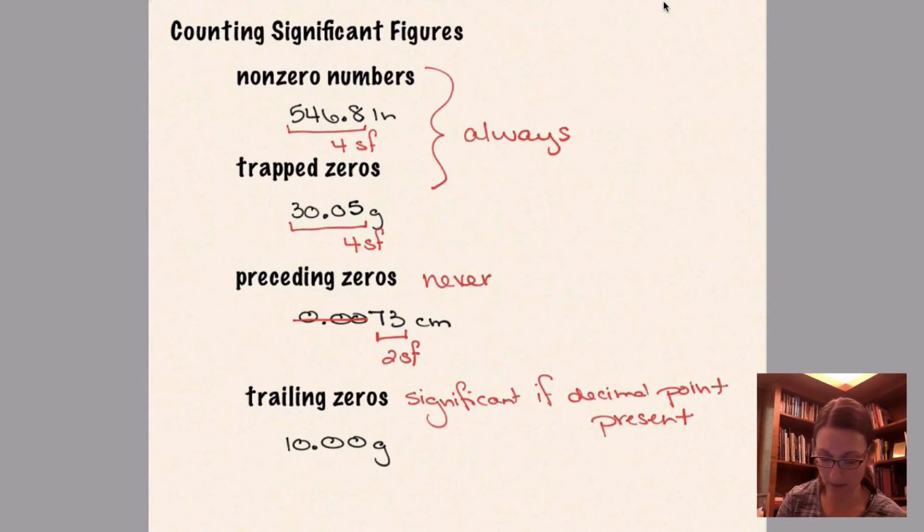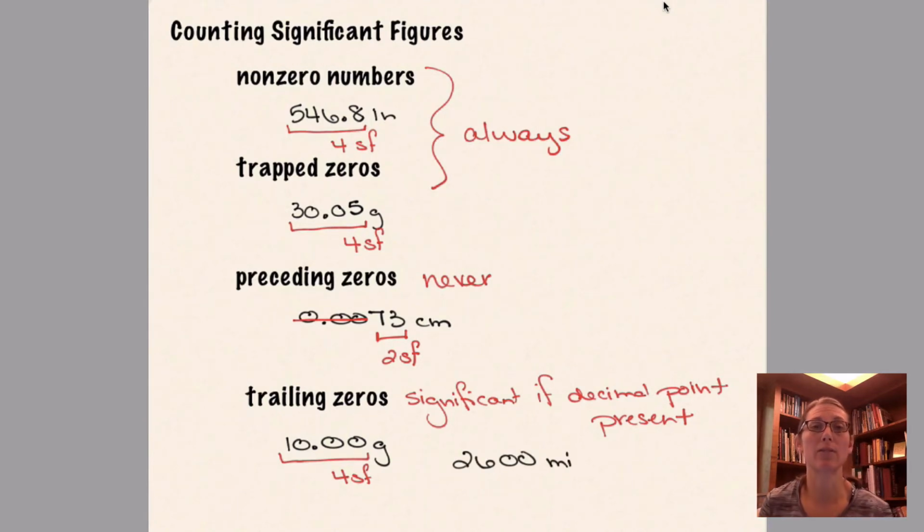They are significant, and this number has 4 sig figs. On the other hand, if I had the number 2,600 miles, as written, there's no decimal point in that number, which means that these final zeros are not significant, and this only has 2 significant figures.